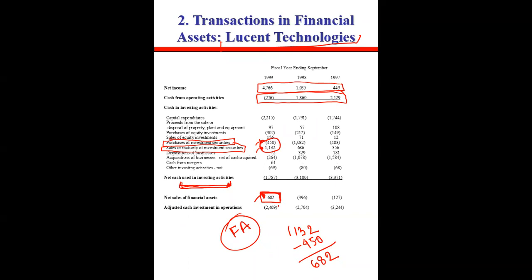They actually made investment in operations of 1,787 plus 682. They have made investment of this amount in their operations, but inclusion of these two has misled this number. Have you got it?